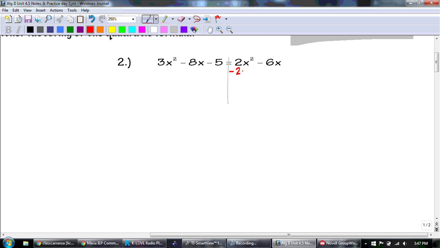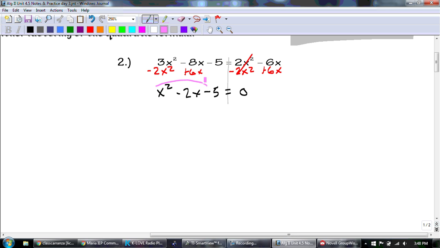So I'm going to subtract 2x squared to both sides, add the 6x. So on the right side we get 0. 3 minus 2 is 1, so we get x squared. Negative 8 plus 6 is a negative 2x, and negative 5.